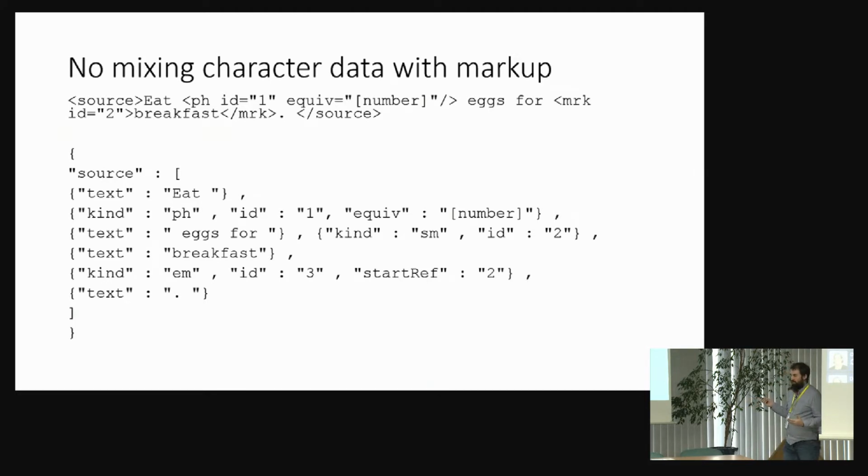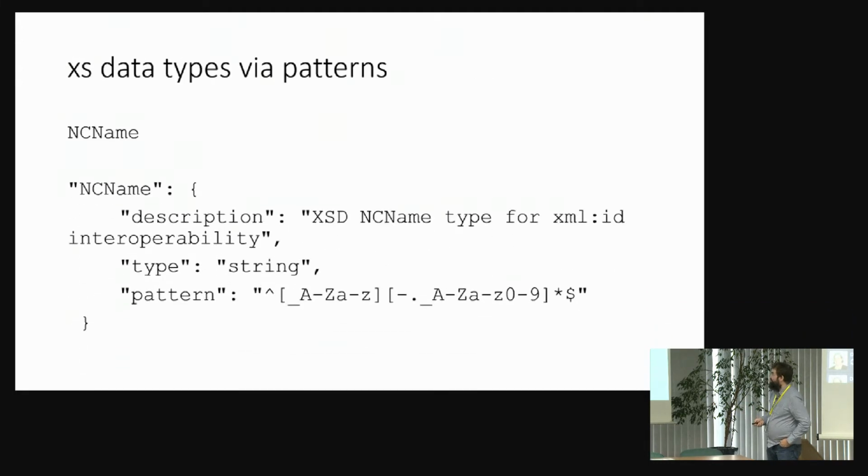There is a mapping defined in XLIFF, in LIOM and in JLIFF. What JLIFF does for that is form a pseudo-span from kind SM, ID 2, and kind EM, ID 3, with start ref 2. This is the pseudo-span. You can do the equivalent in the source XLIFF, but we happen to have the well-formed one here. I'm just showing this mapping.